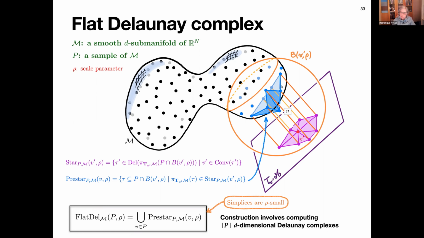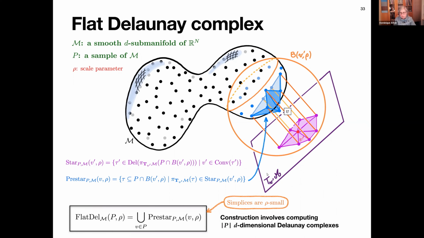So as you project the simplices in the pre-star, you obtain your star. That's why we call it the pre-image. We have this construction for each point V in our point set. The flat Delaunay complex is just the union of all those pre-stars.